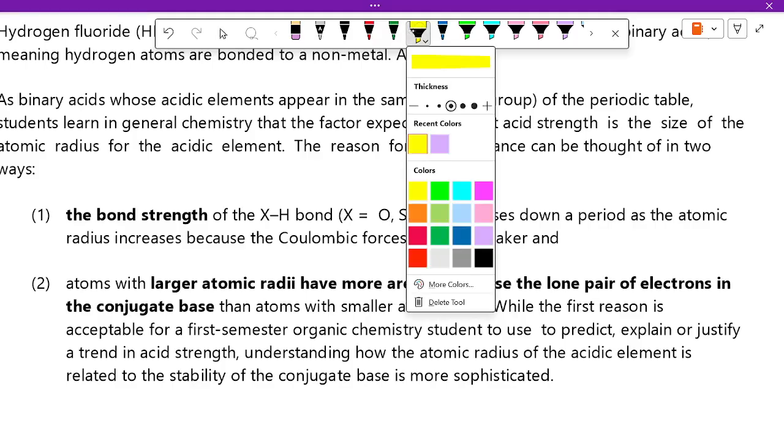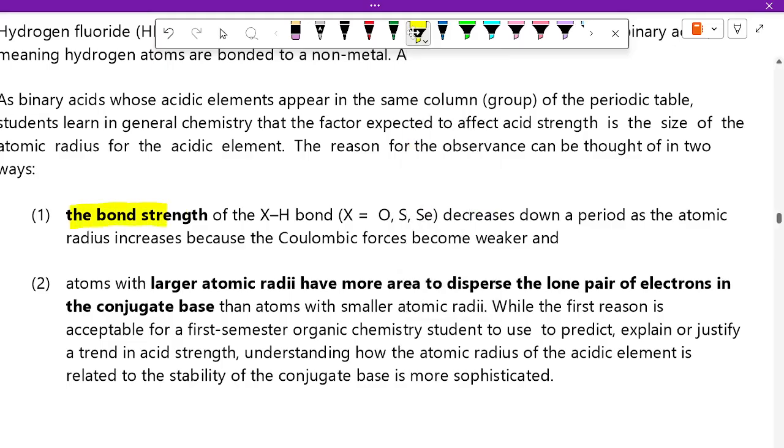So bond strength: the strength of the HX bond decreases down a group as atomic radius increases. Therefore, the Coulombic forces become weaker. But also, larger atomic radii have more area to disperse the lone pair of electrons in the conjugate base than atoms with smaller atomic radii.